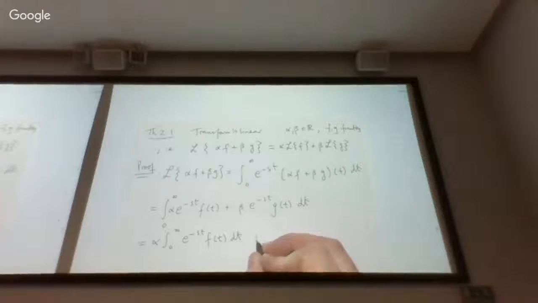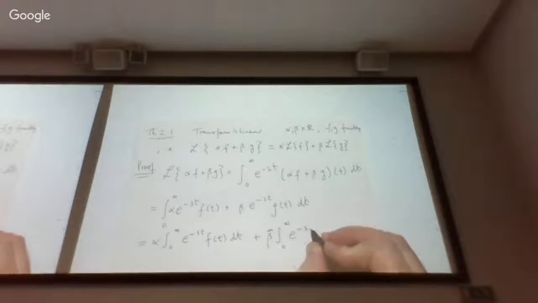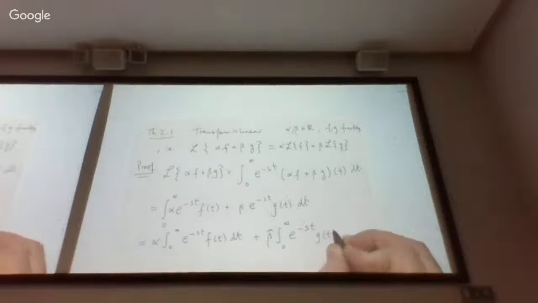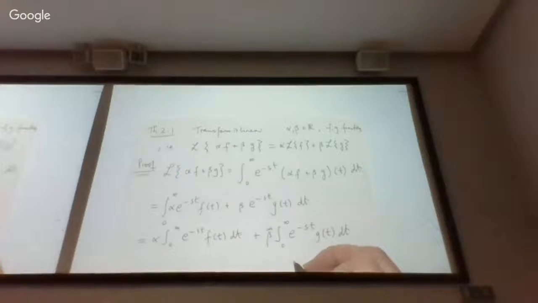So the integral of the sum splits up as the sum of the integrals, and those constant coefficients, alpha and beta, can be brought outside. And beta times the second integral. So there I've used, just to justify that, the linearity of integration.